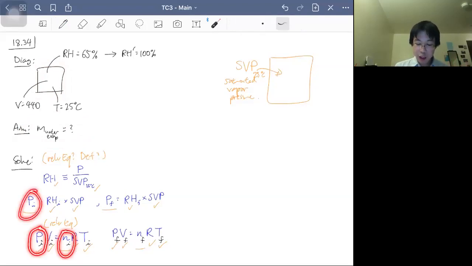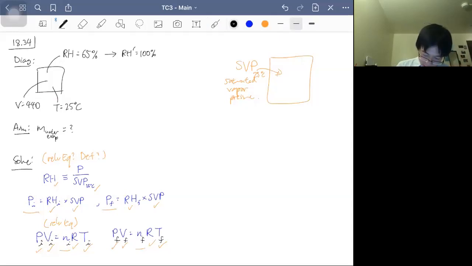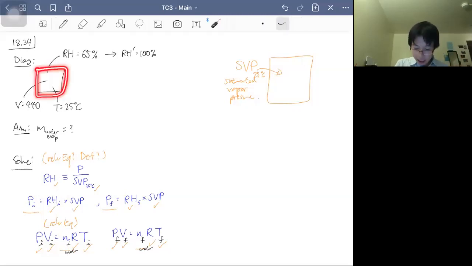The P was the pressure of the water while the room has this humidity. So N must be the number of molecules of the water. Okay, so just water. So it's the initial and final number of moles of water in here.